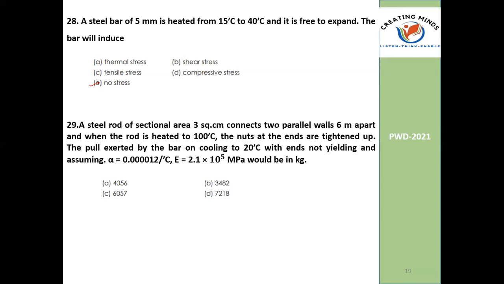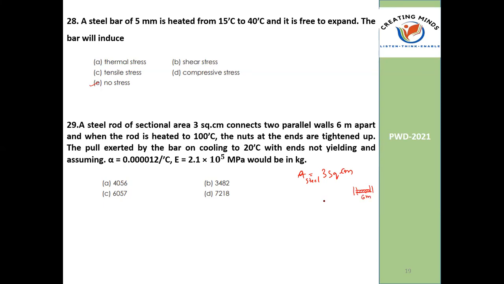Just go through the problem. A steel rod having a cross-sectional area of 3 square centimeter is connected to two parallel walls 6 meters apart.